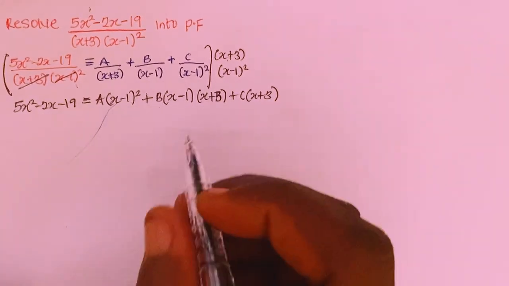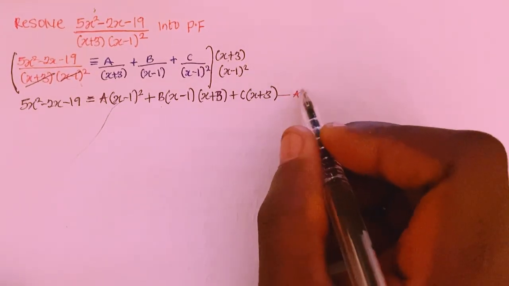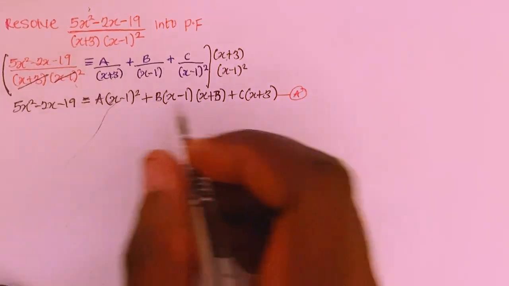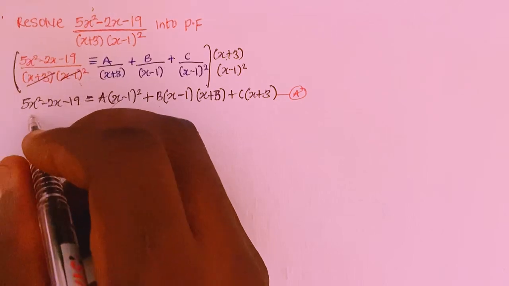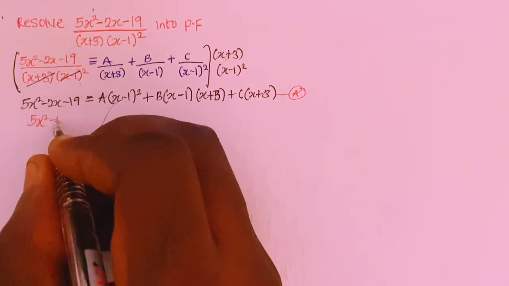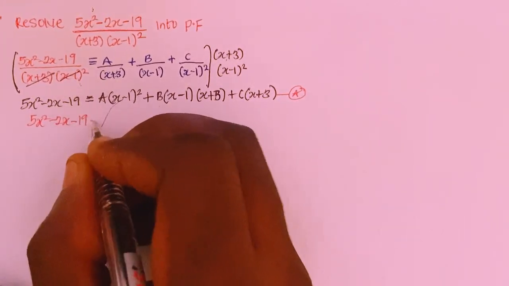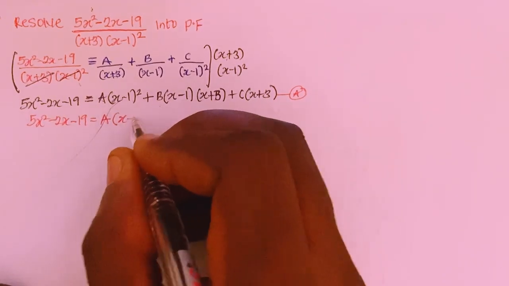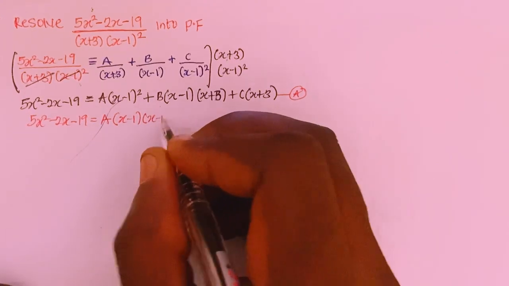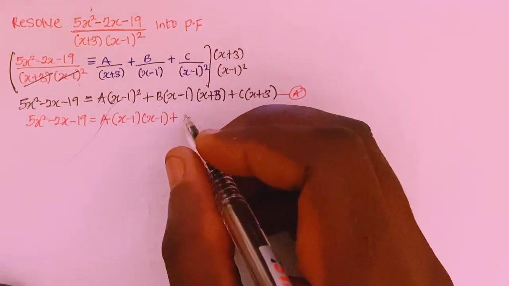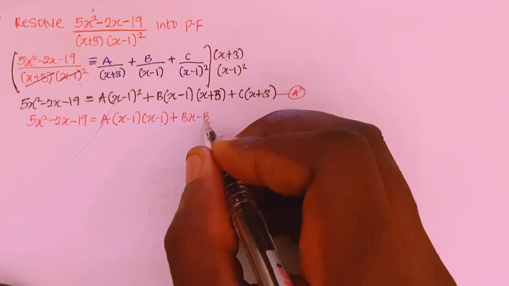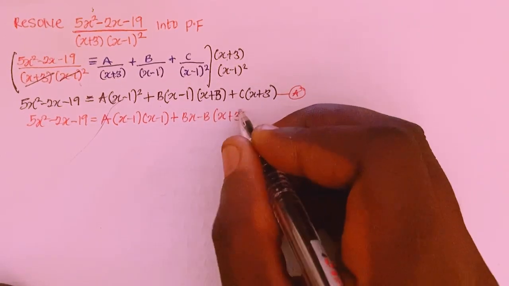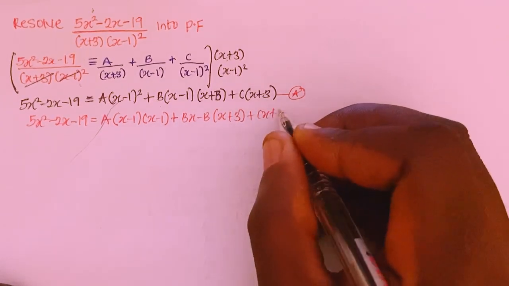So I'm going to call this expression A. Then I will go for expression B, opening the brackets here, so that I'm going to have 5x squared minus 2x minus 19 equal A into brackets x minus 1 into brackets x minus 1, then plus B into brackets x minus 1 into brackets x plus 3, then plus C into x plus 3.